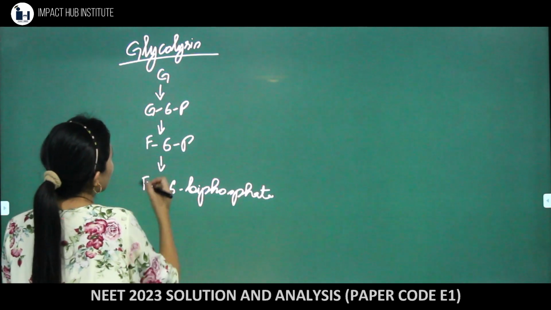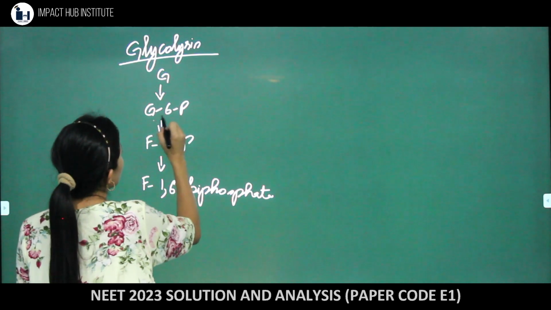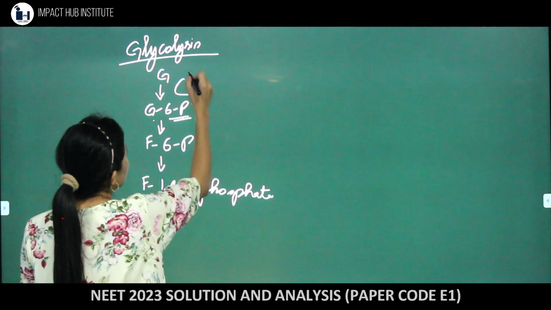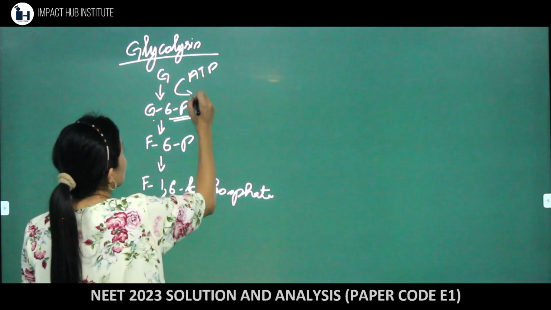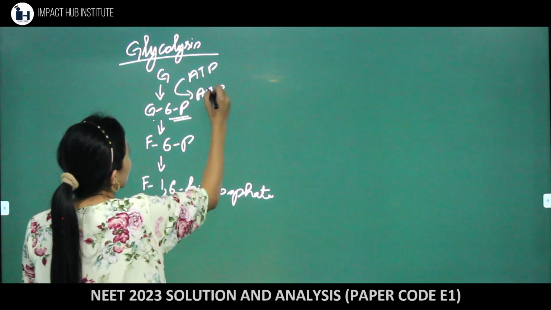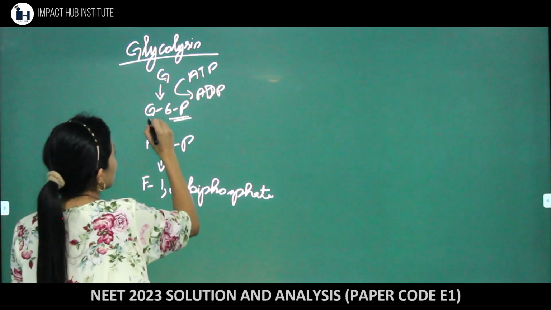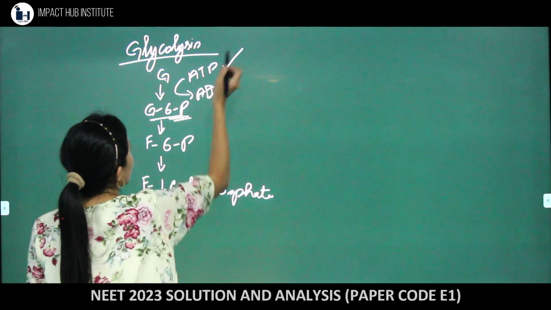So here we see that when glucose changes into glucose 6-phosphate, 1 phosphate is added, and we are taking it from ATP. So in this step, ATP is used.